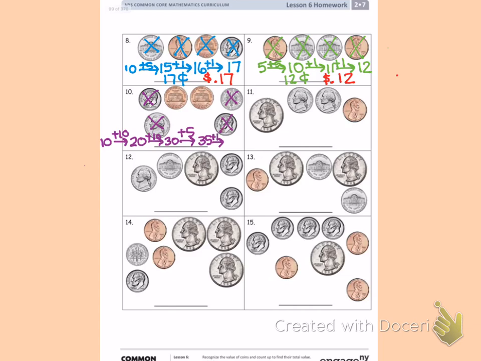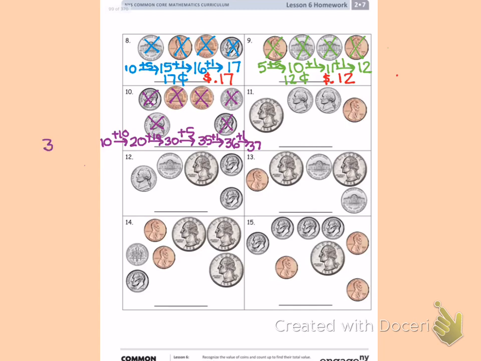That's only worth 1 cent, so I'll write plus 1 and cross it out. 35 plus 1 more is 36. Lastly, I see another penny, which is, again, plus 1. 36 plus 1, cross it out, is 37. The answer for item 10 is 37 cents.